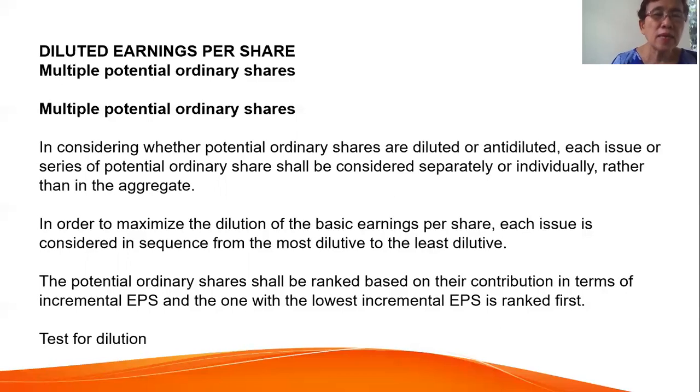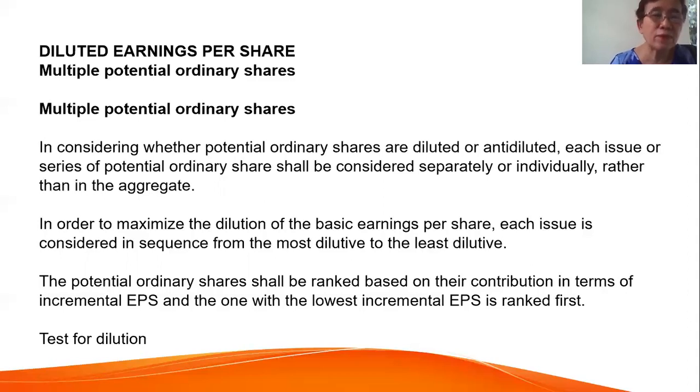Very important. In order to maximize the dilution of the basic earnings per share, each issue is considered in sequence from the most to the least diluted. The potential ordinary shares shall be ranked based on their contribution in terms of incremental EPS, and the one with the lowest incremental EPS is ranked first.